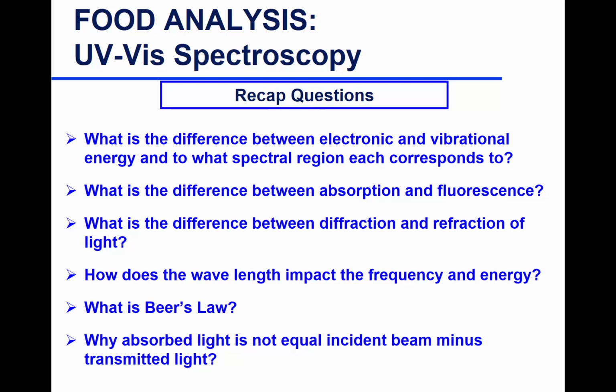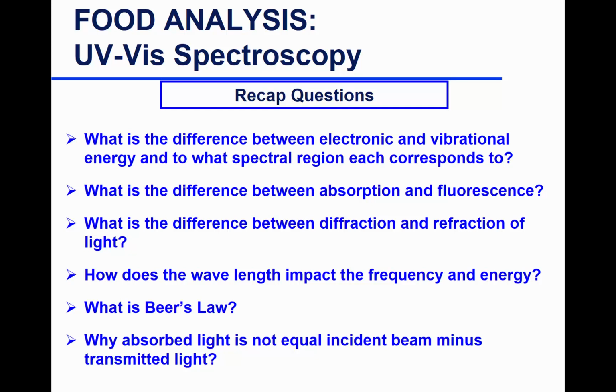Did we answer this? How does the wavelength impact the frequency and energy? We didn't. So compare a short wavelength versus a long wavelength. Yeah, go ahead. A short wavelength would have a high frequency and energy, while the opposite is true for a long wavelength. Thank you, Nico. Yes.